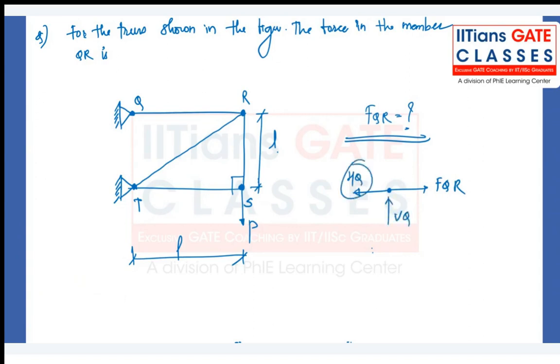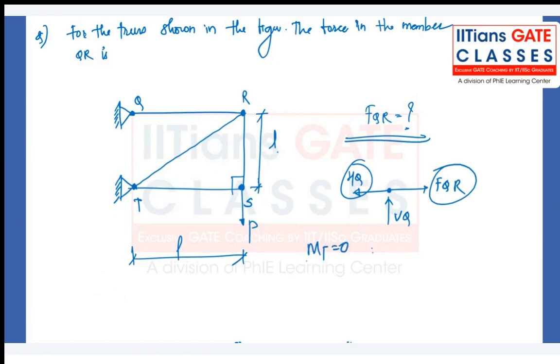So if you get the horizontal reaction at Q, that should be the value of FQR. And how will you get the horizontal reaction at Q? Summation of moment at point, let's say T, if you take, you will get it. So moment at T has to be equal to 0, right? So what is the summation of moment at point T?